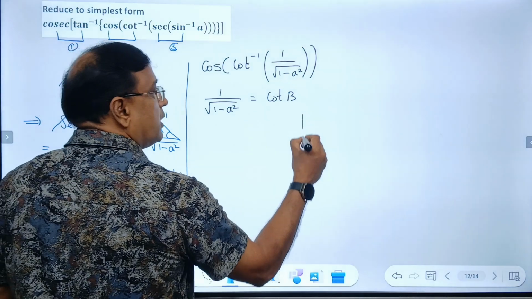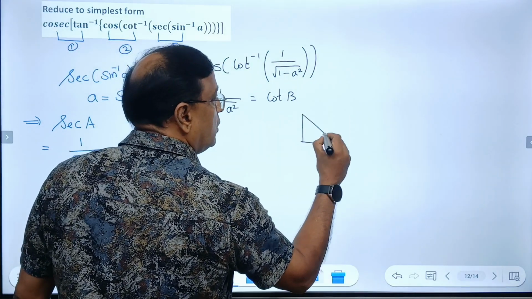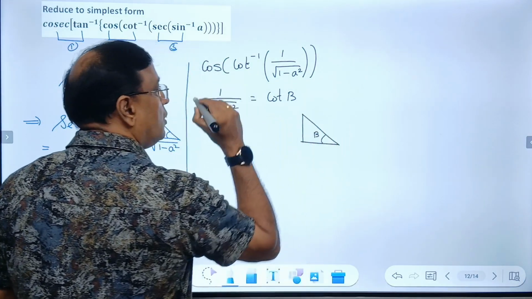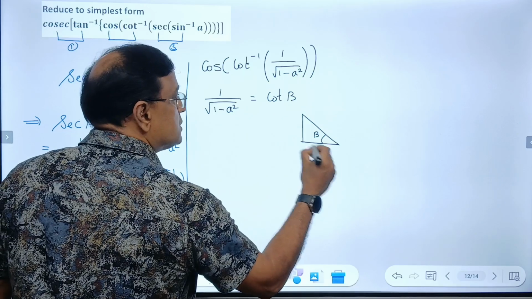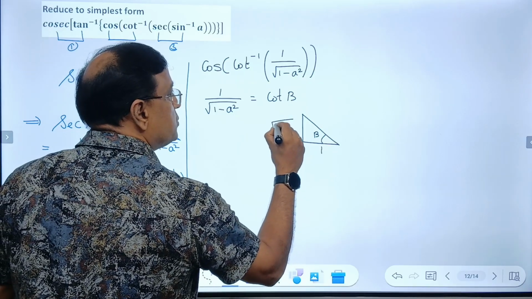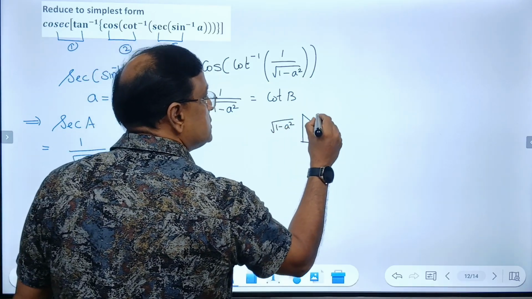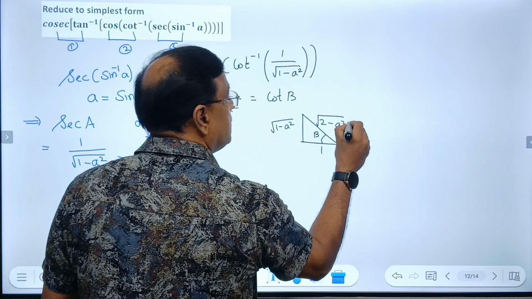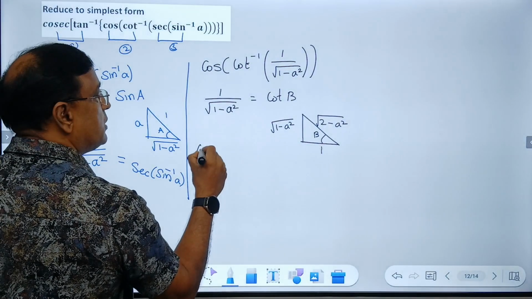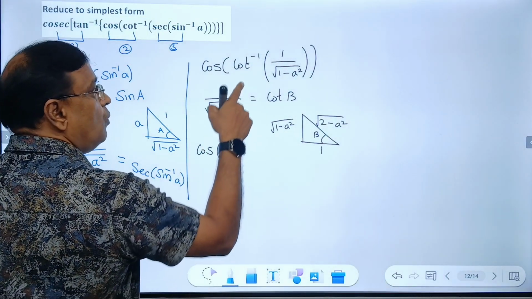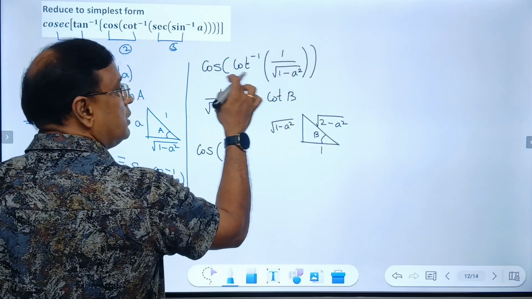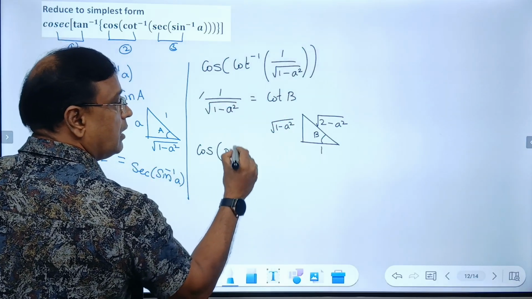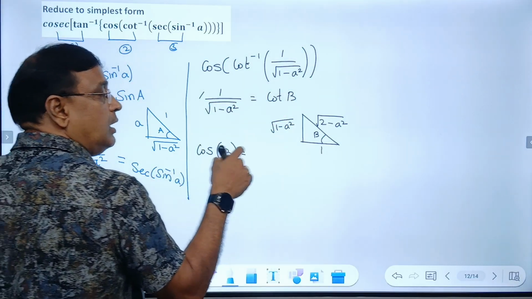Now draw a triangle. What is cot B? Cot B will be adjacent by opposite. By Pythagoras theorem, this will be root of 2 minus A square. Now what will happen to this? This will become cos of, what is cot inverse of this? Cot inverse of this will be B. And what is cos B?